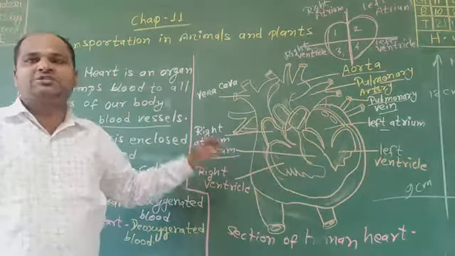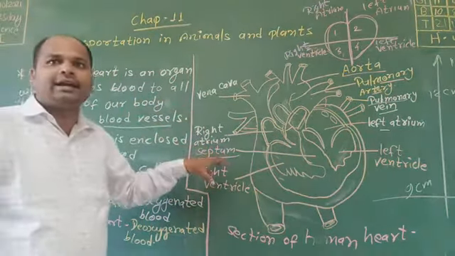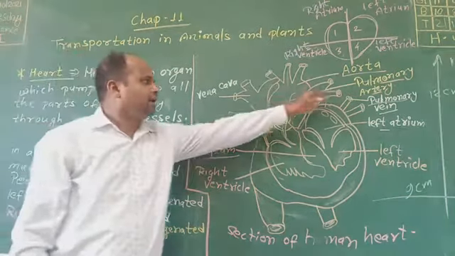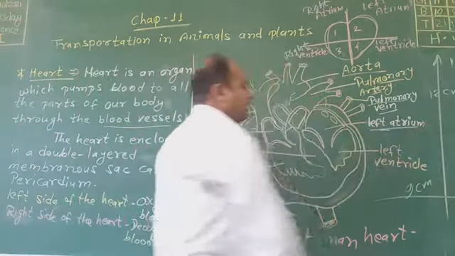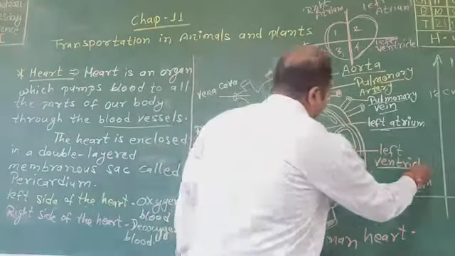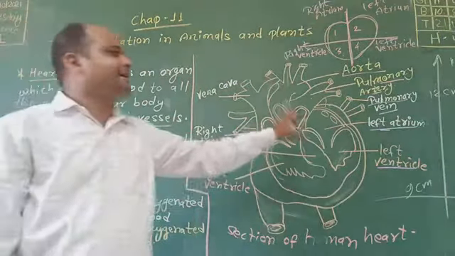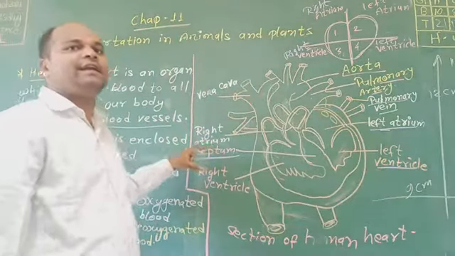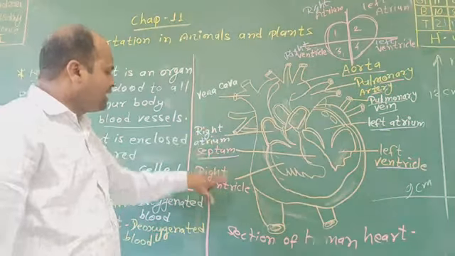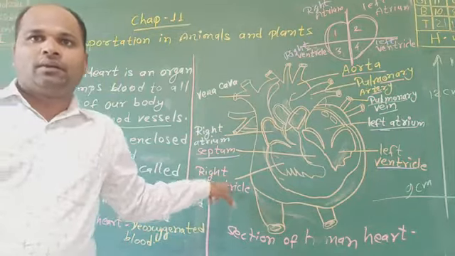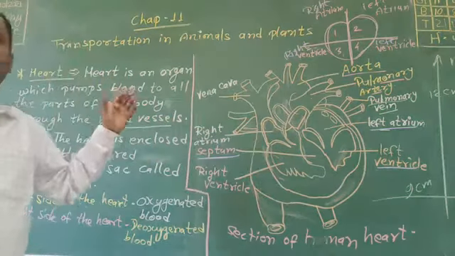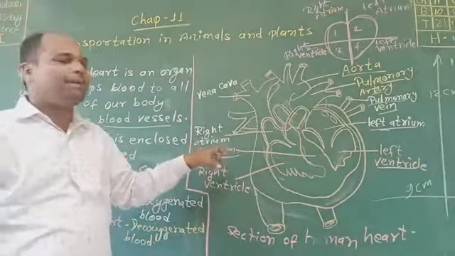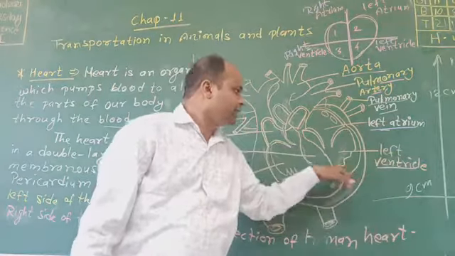A bicuspid valve is present between the left atrium and left ventricle, which allows blood to flow from the left atrium to the left ventricle.